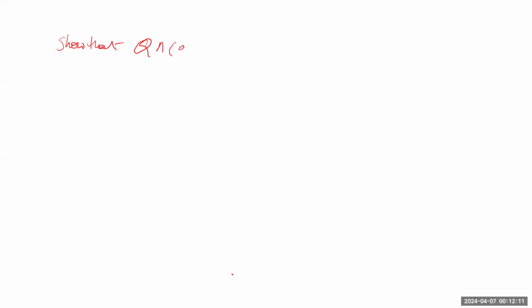What is the second part? In this second part, I need to show that the set Q intersection (0, infinity) is neither open nor closed in (0, infinity) with metric d.